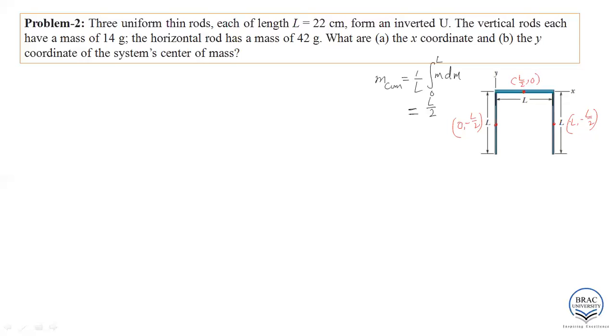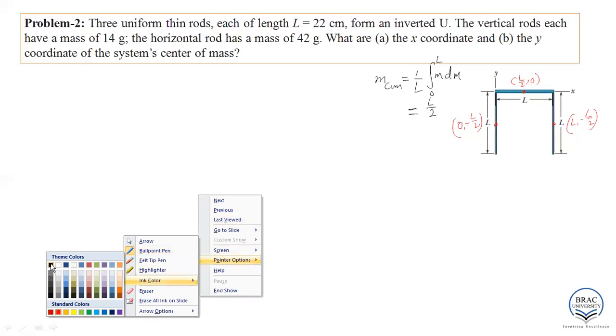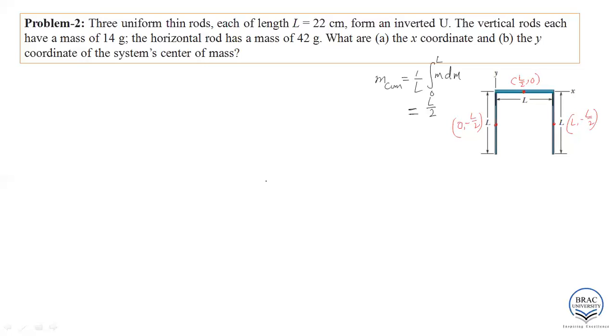So we can find the x coordinate of the center of mass for these three points, which are equivalent to the uniform rods of length L equal to 22 centimeters. Here the center of mass x coordinate is the sum over the masses of the three rods.